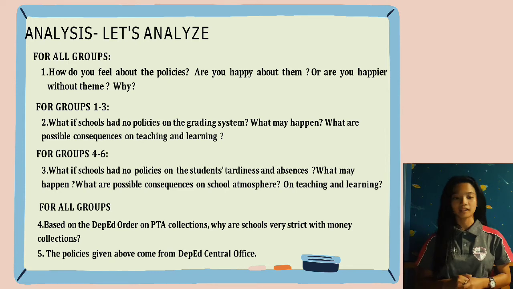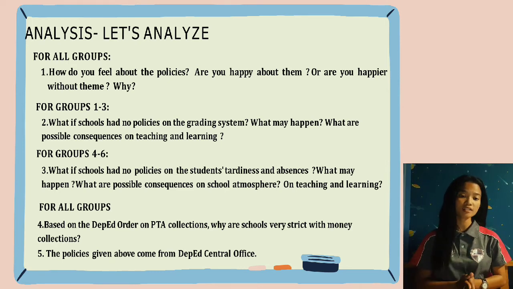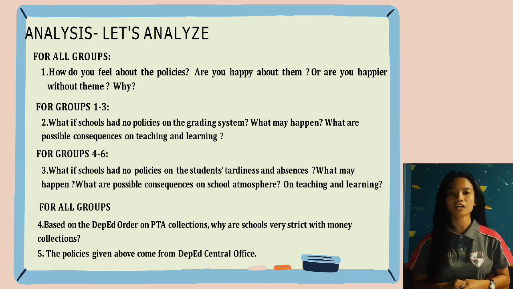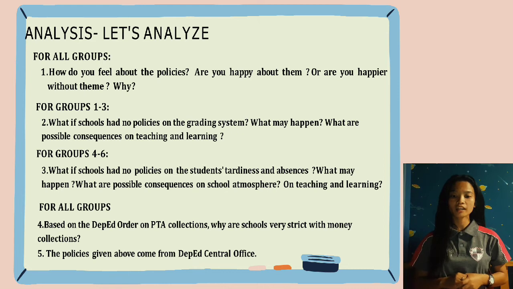What may happen? What are the possible consequences on school atmosphere, on teaching and learning? If there were no policies on student tardiness and absences, many students would be irresponsible since they would be unaware of the proper guidelines of the school, which will drive them to drop out of school.